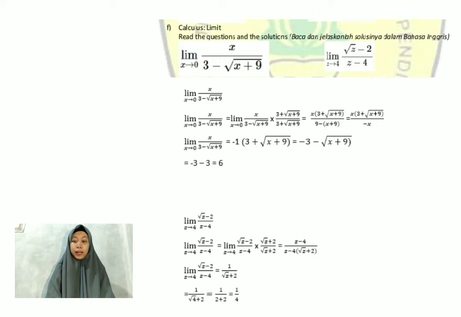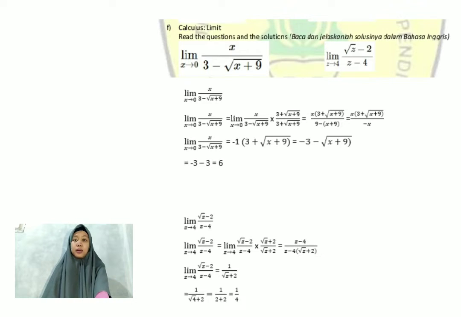times 3 plus the root of x plus 9 over 3 plus the root of x plus 9 equals x times (3 plus the root of x plus 9) over (9 minus (x plus 9)) equals x times (3 plus the root of x plus 9) over minus x equals minus 1 times (3 plus the root of x plus 9) equals minus 3 minus the root of x plus 9.